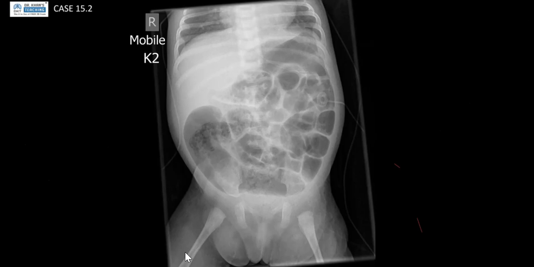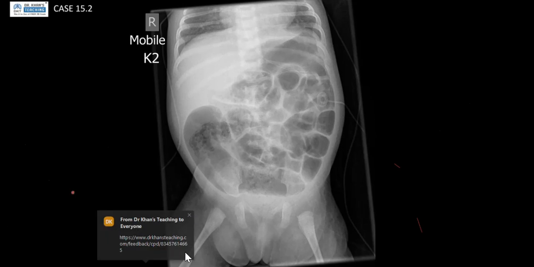Okay, in this case, I see a dilated nasogastric tube in normal position. I see multiple dilated bowel loops, some in the right side of the abdomen and the pelvis, with some mottling or bowel feces sign. So I'm worried about bowel obstruction.